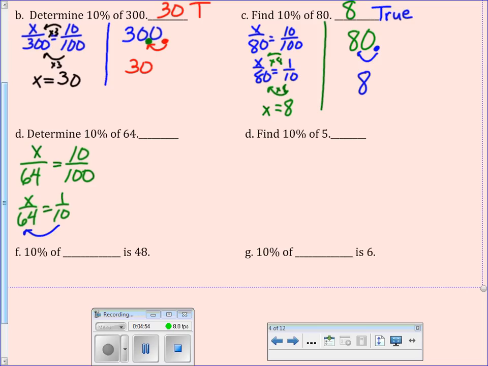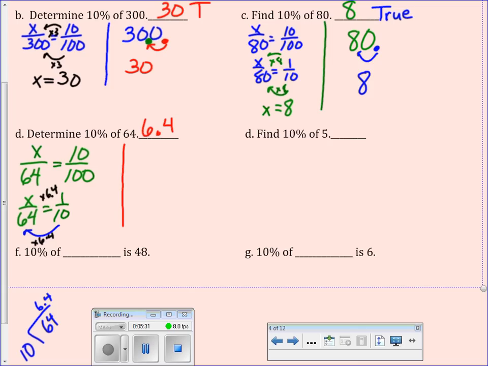Okay? So 10 times what? Now, if I can't figure out what the multiplication is, what's the opposite of multiplication? Division. So can't I go to my margin and see 64 divided by 10 is 6.4. So that means 10 times 6.4. 1 times 6.4 is 6.4.